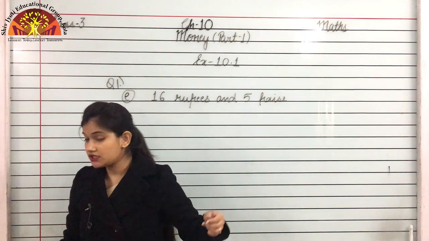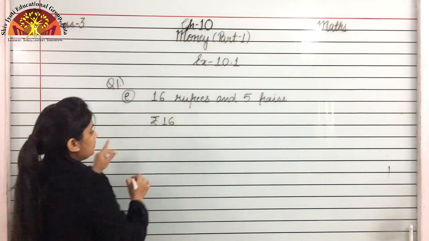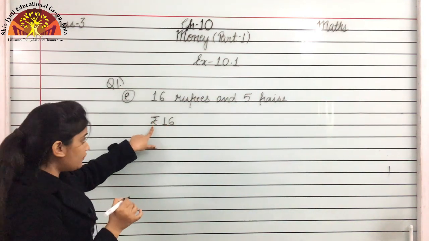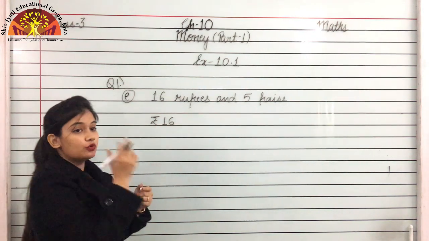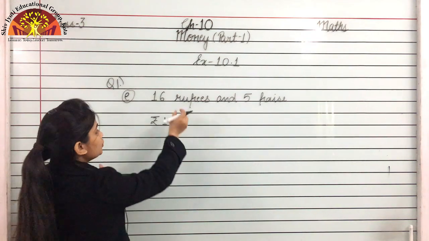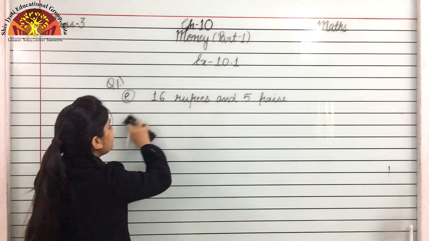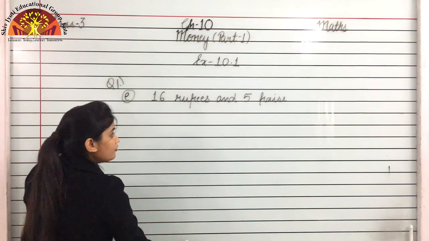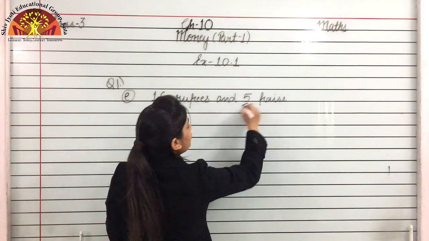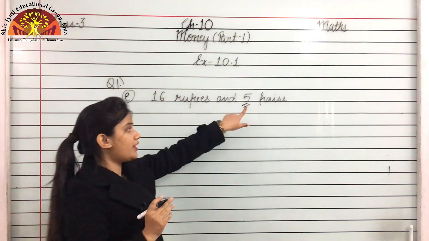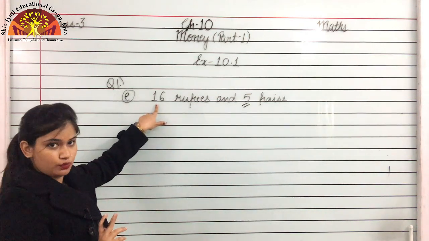Suppose I want to write rupee 16, then I will put this sign here only before 16, and suppose I am writing rupees, R-U-P-E-E-S, so you will write 16 rupees like this only. Is it clear? So now students, 16 rupees and 5 paise, we have to convert it into paise, and you can see 5 is already given in paise, so we'll put 5 as it is, and we have to convert only this 16 rupees into paise. Okay.